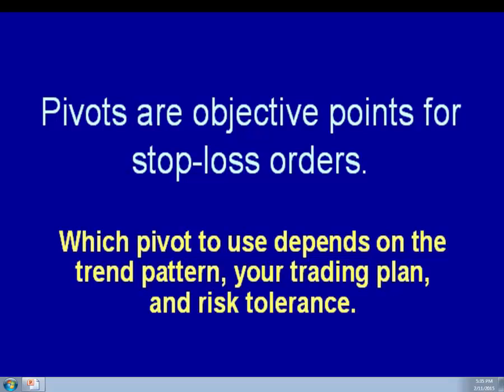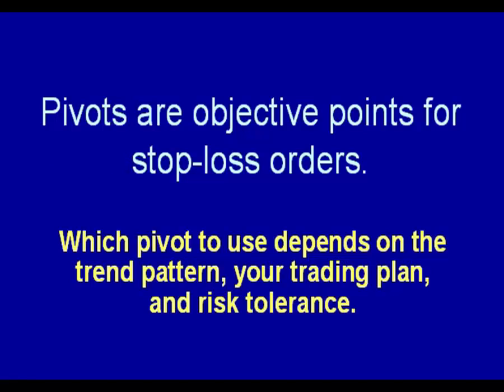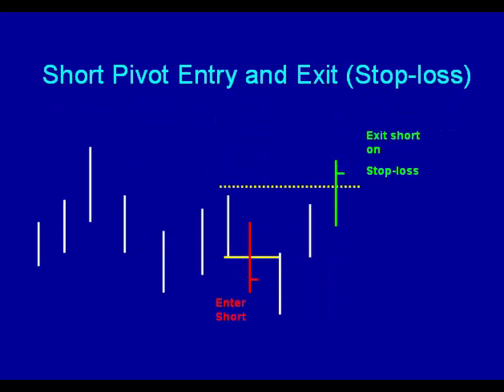So again, whether you're using a tighter pivot or the looser one, as it states here, it's going to be based upon your risk tolerance. And again, I don't recommend that you place a stop that is so tight, because you don't want to get stopped out in noise.